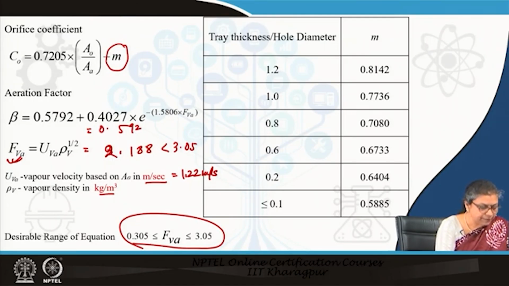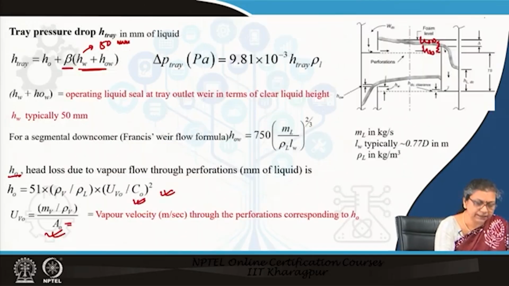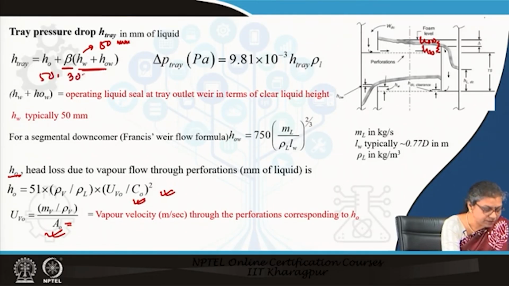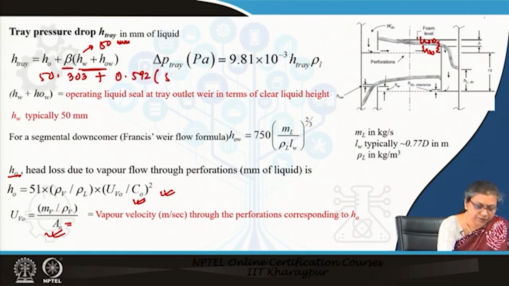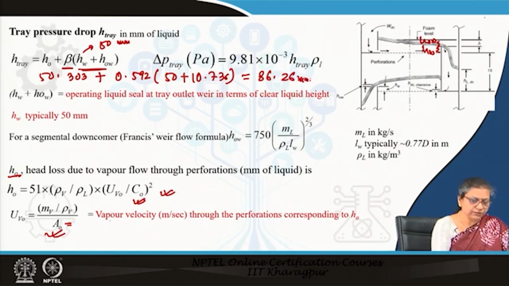This tray pressure drop is going to be 50.303, the HO that we have calculated, plus the beta, which was 0.592, times 50, plus 10.736, which gives us roughly something like 86.26 millimeters.